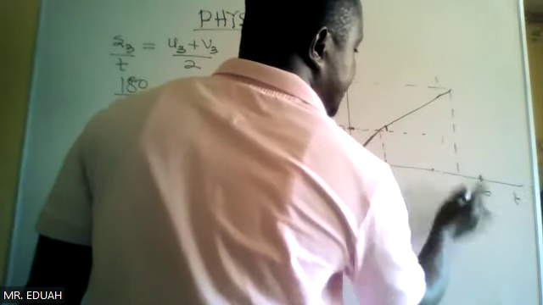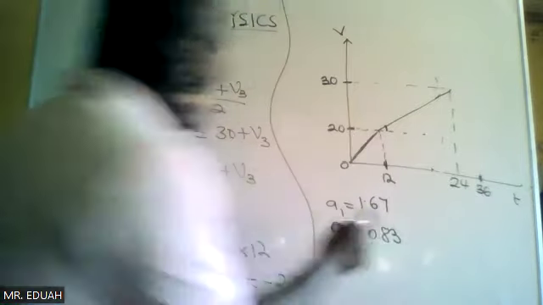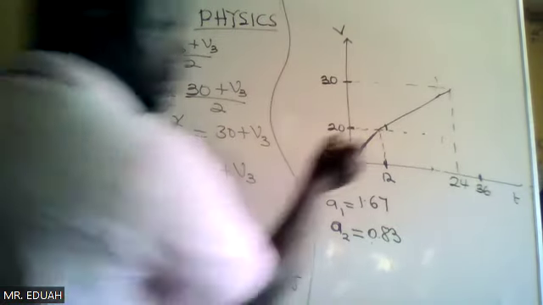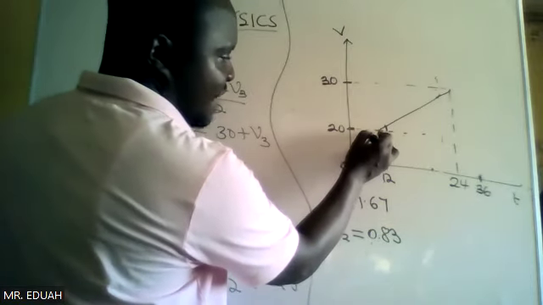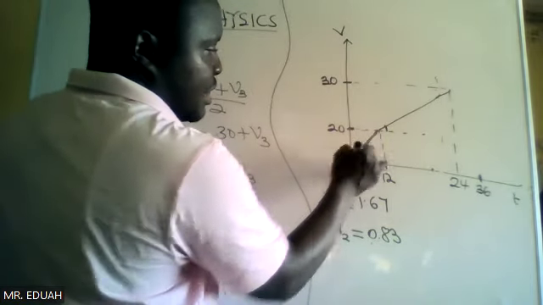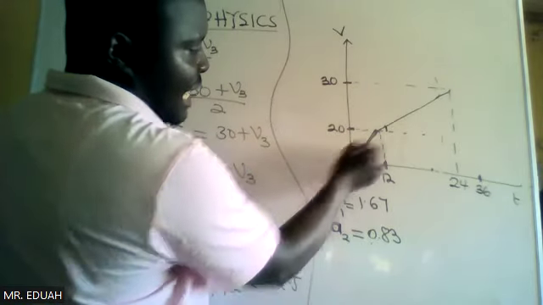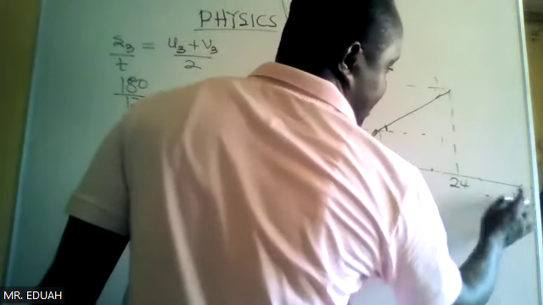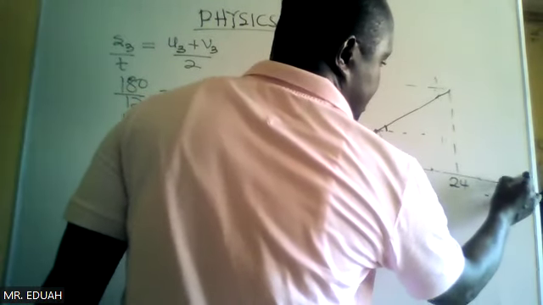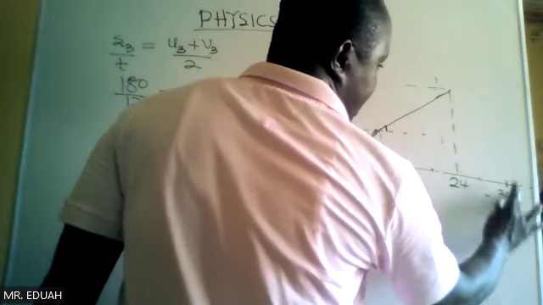The whole reason is that the acceleration represents the slope. So once the accelerations are different, they shouldn't have the same slope. This must be steeper than this one. So when you are drawing, these are the factors you need to put in place. You don't just draw anything.